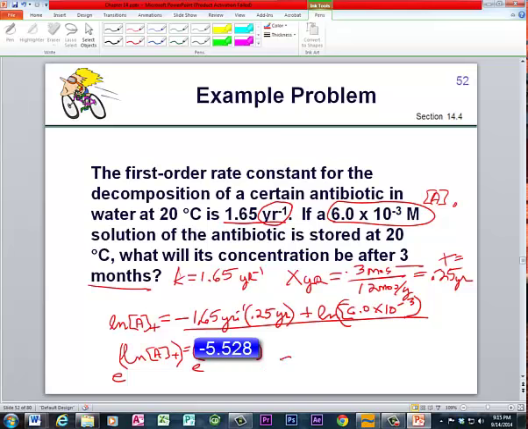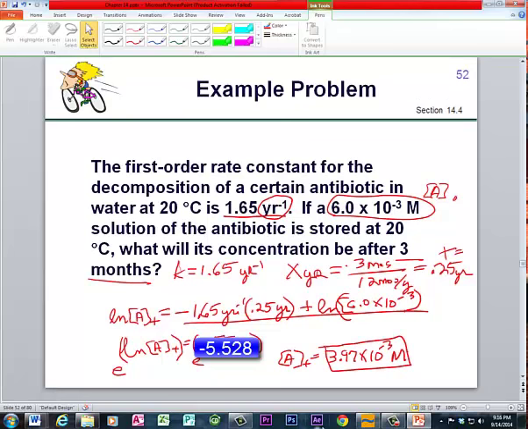What that's going to result in is the concentration of A at time T, which gives us 3.97 times 10 to the minus 3 molar in concentration. So the first order integrated rate law is very handy for finding the concentrations of reactants after a certain amount of time has gone by.